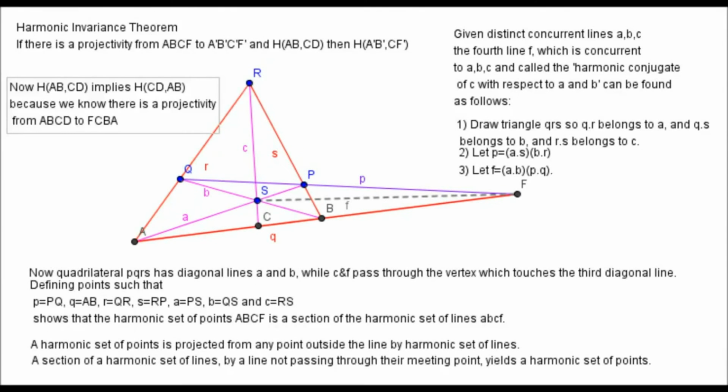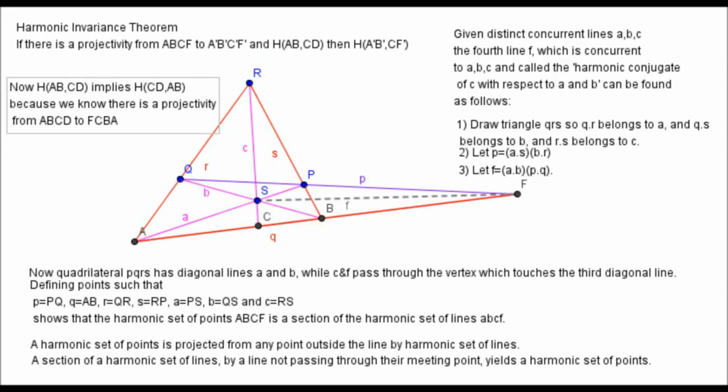And also, as a kind of corollary, I've got to learn how to say that word. Okay, so as a corollary from this, we also have, as I hinted at before, that if AB is harmonic conjugate to CD, then it implies that CD is harmonic conjugate to AB.